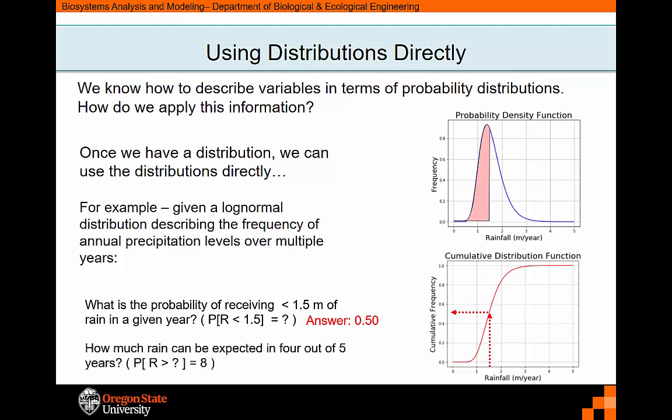We can also answer questions like, how much rain can be expected in 4 out of 5 years? In this case, we would look at the CDF and find the probability value we are looking for, 0.8 in this case, since we wanted a 4 out of 5 probability, and then determine the rainfall level that is necessary to achieve this probability, 1.93 in this case.